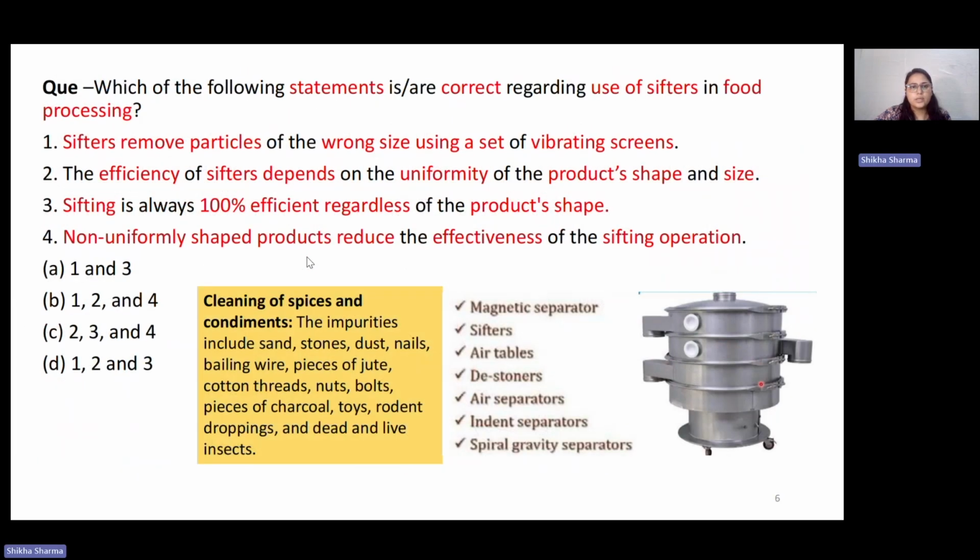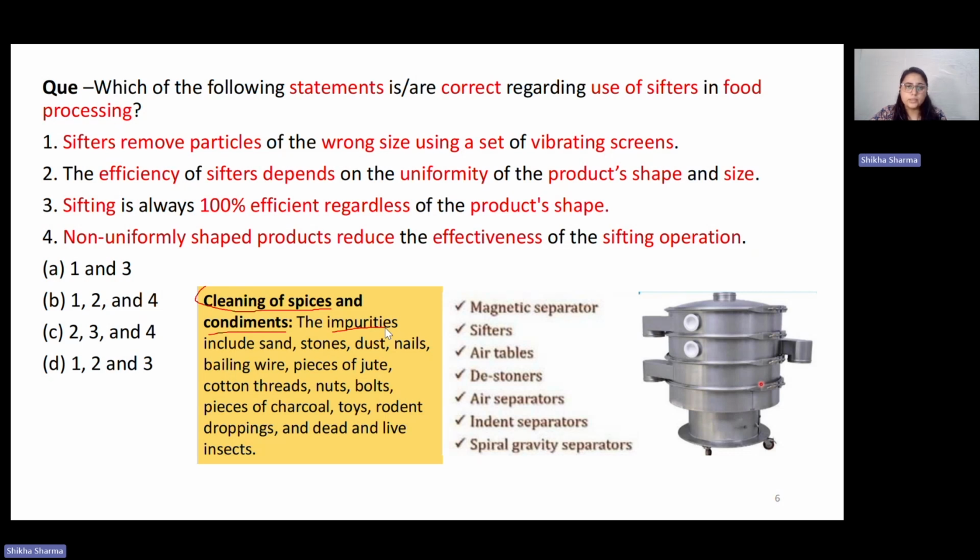Okay, let's discuss this next question. This question is basically related to the cleaning of spices and condiments. In spices and condiments, there are different impurities present.